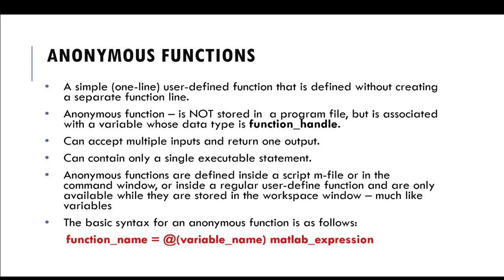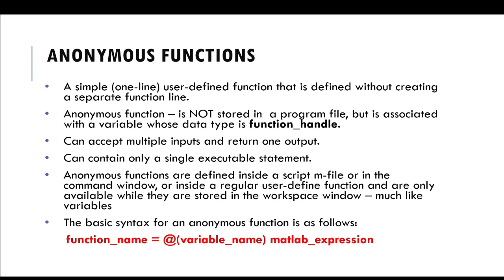The anonymous function is not stored in a program file, but it is associated with a variable whose data type is function handle. Just like functions, anonymous functions can accept multiple inputs but only return one output and can contain only one single executable statement. So to define an anonymous function, we do it inside a script file or in the command window.